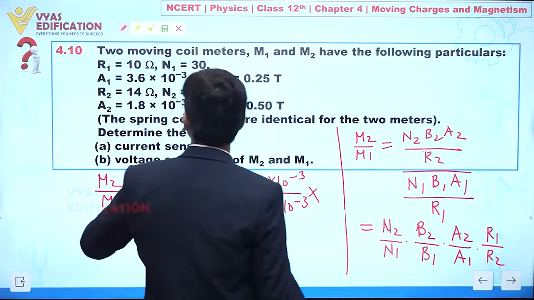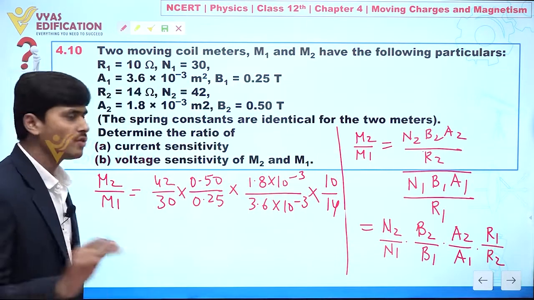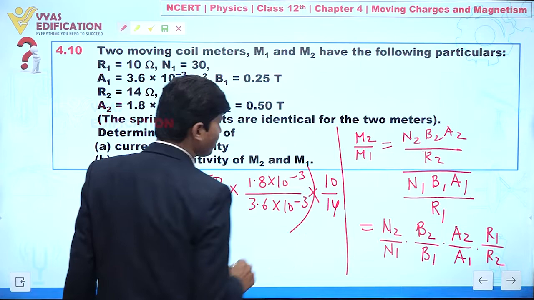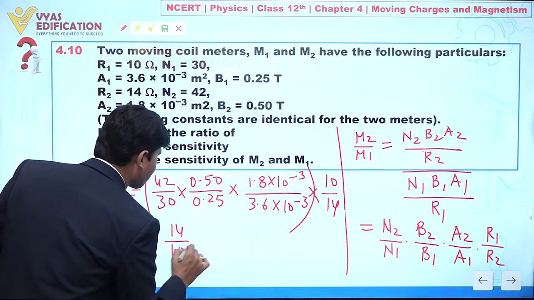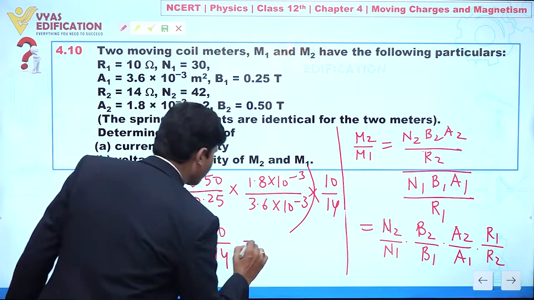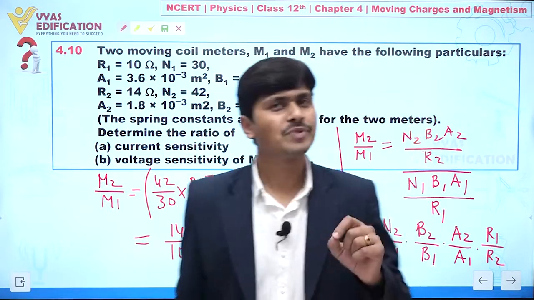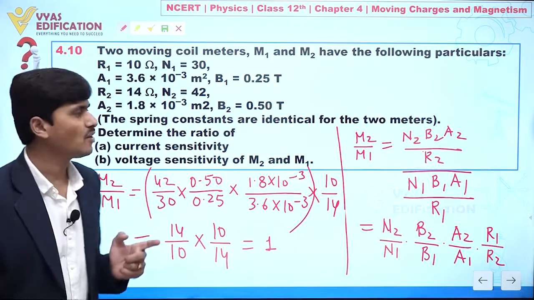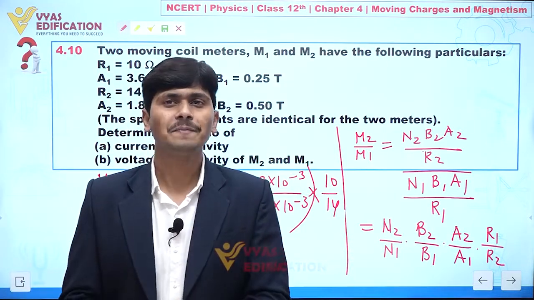R1 is 10 and R2 is 14, so this is 10 by 14. We have already solved this parameter and found 14 by 10, and the resistance ratio is 10 by 14. So the ratio of voltage sensitivity is 1:1. Clear everyone? So like this you can solve this question. This is all about this question.